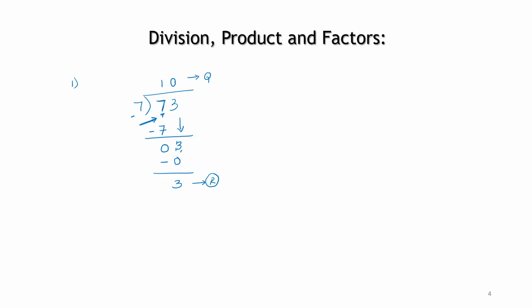If it is less than the divisor, then you have to keep 0 in the quotient, then proceed further. You have to continue this process until all the digits in the dividend are processed. Got it? Let us move on to the next example.